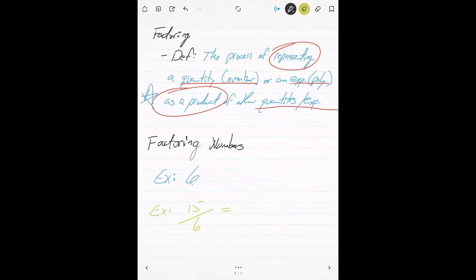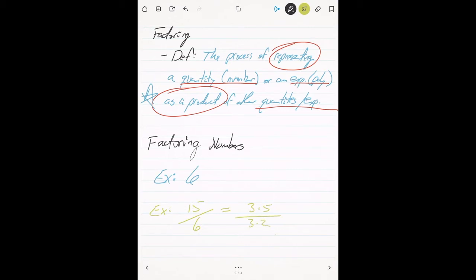That meant that you remove all common factors from the top and the bottom. What we used to do is say, find what largest number goes into both 15 and 6. So we would say, well, 3 is a number that goes into 15 and 6. So 15 is 3 times 5, and 6 is 3 times 2.